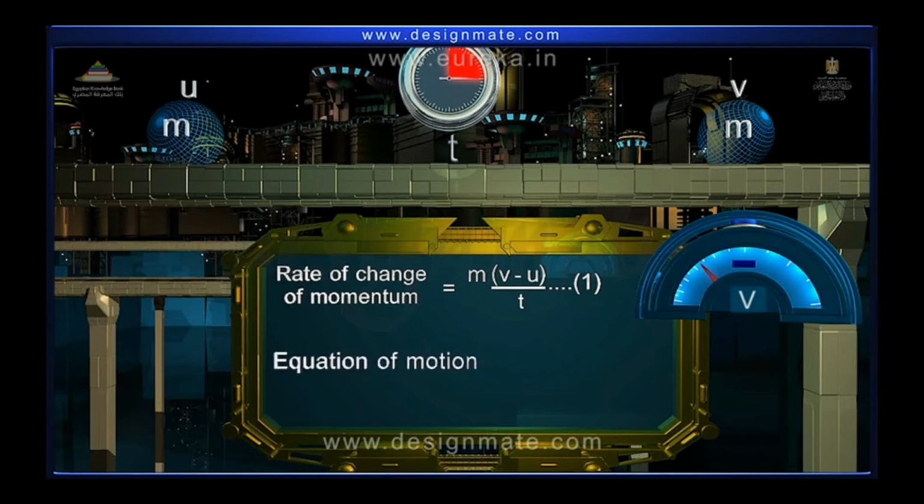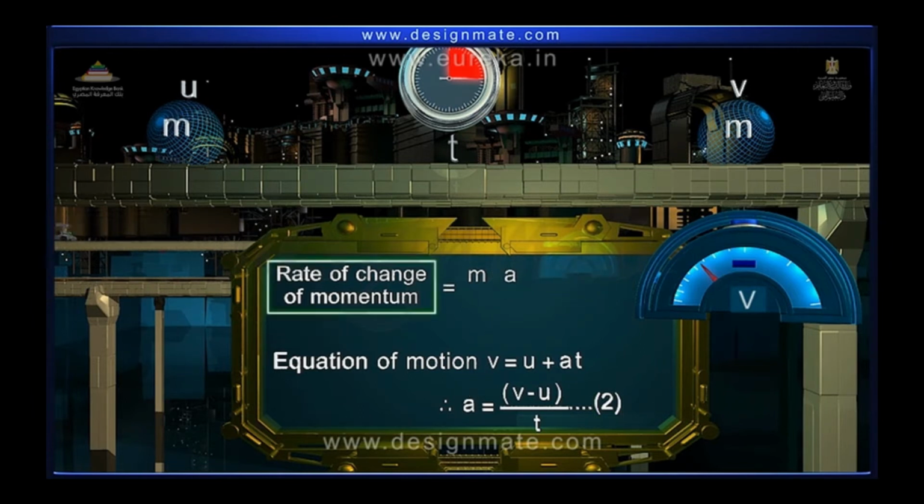According to the equation of motion, v equals u plus at. Therefore, a equals (v minus u) by t, equation 2. Substituting the value from equation 2 in equation 1, we get the rate of change of momentum equals ma, equation 3.